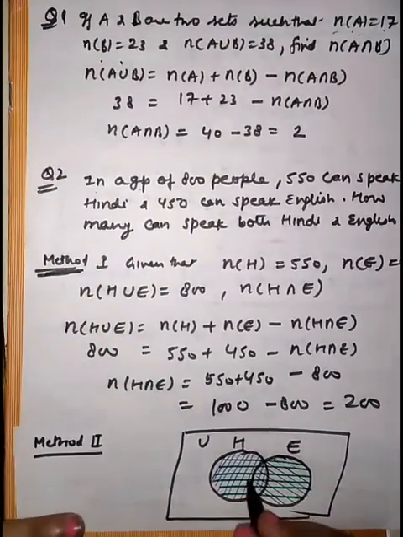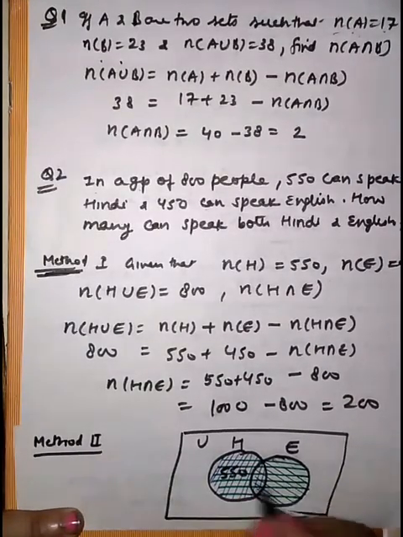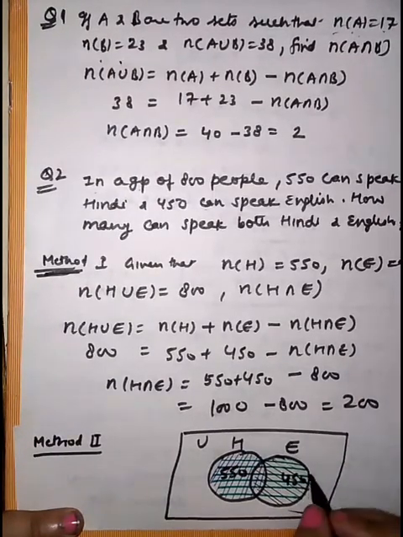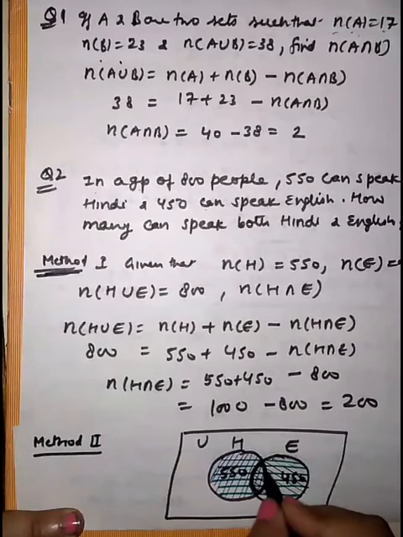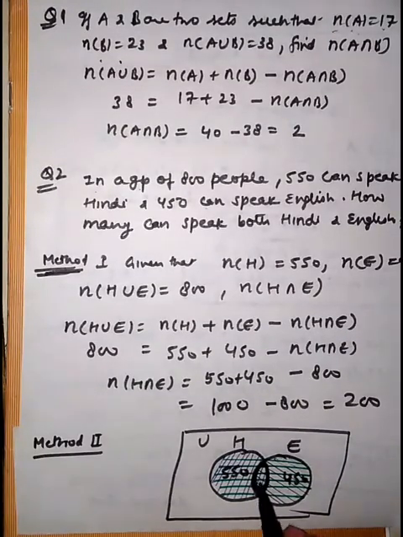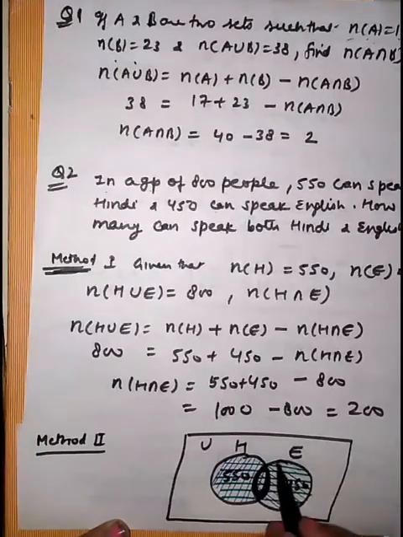It means this whole Hindi shows 550 and this shows the whole 450, and the total given is 800. So friends, I want to know this quantity. The question asks for this common part. So total is 800. The green portion shows 800, n(H) is 550, and n(E) is 450.